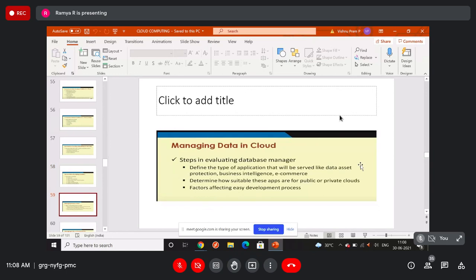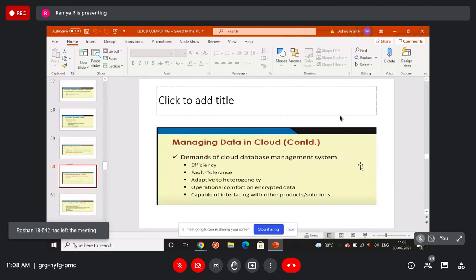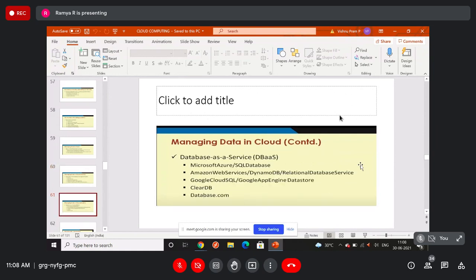And next we see data management in the cloud. The steps involved in database management are to define the type of application, and next determine how suitable these applications are for the public or private cloud. So that this data I want to store in the private cloud or public cloud, they are going to determine based on the particular applications. Managing the data can be taken care of by the cloud providers.